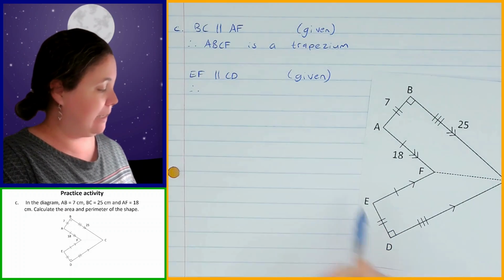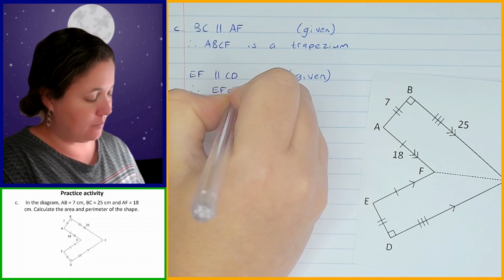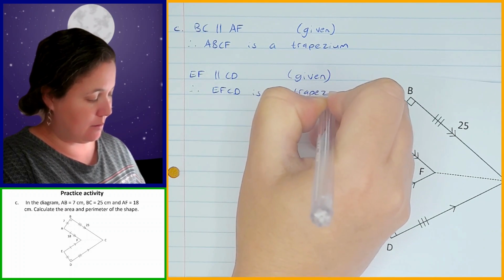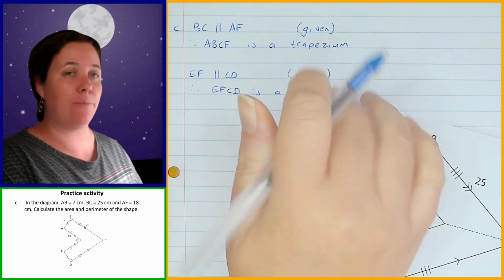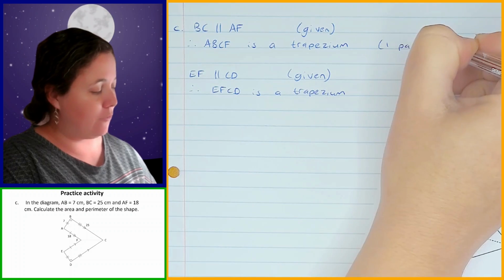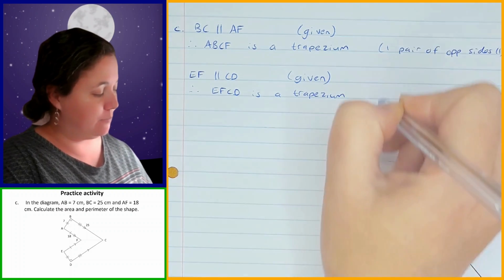So therefore, EFCD is a trapezium, and the reason I can say that for both of them is one pair of opposite sides parallel.